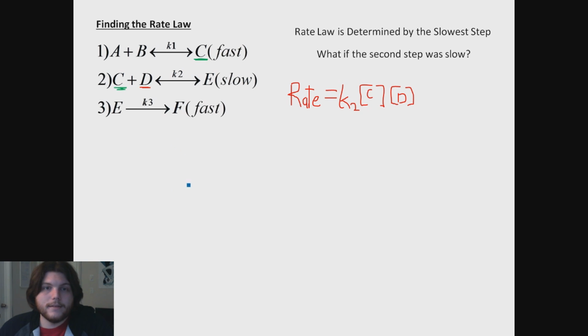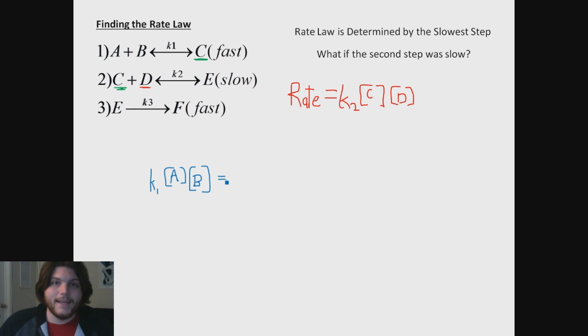So what's the rate forward for step 1? It's K1 times A times B. That has to be equal, since it's at equilibrium, to the rate backwards.